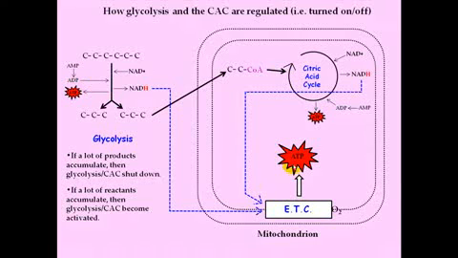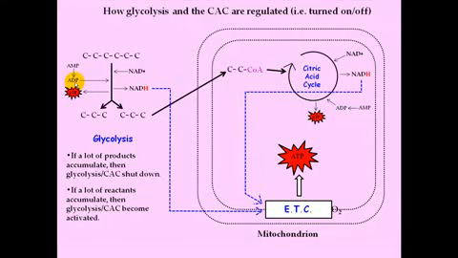Because whenever a cell uses ATP, it removes one of the phosphate groups from it. So that releases a lot of energy that the cell uses to power a certain activity, and then it leaves behind an ADP molecule. So again, ADPs are indicators that ATPs have been used up.